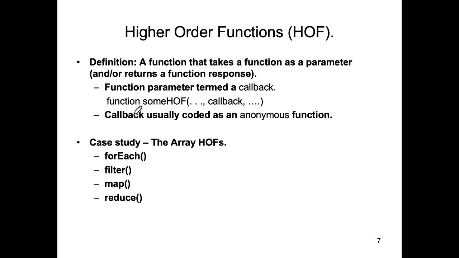And usually these callbacks are coded as anonymous functions. An anonymous function is a function with no name. We don't have to give a name to the function that we pass in as a callback. Whatever name we give the parameter will be the name of the function.